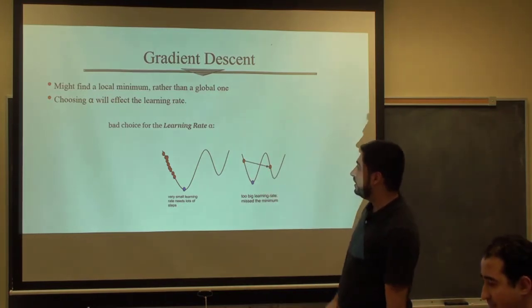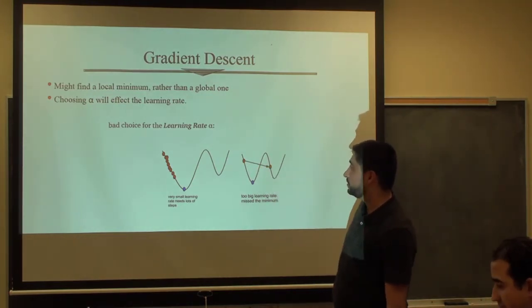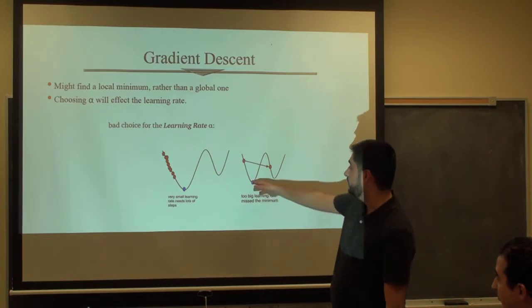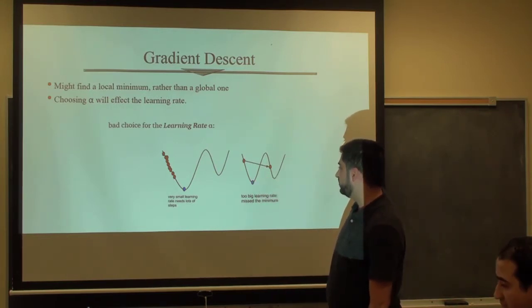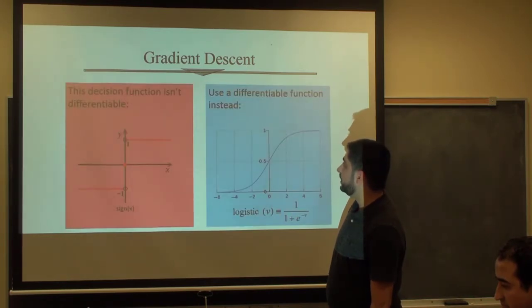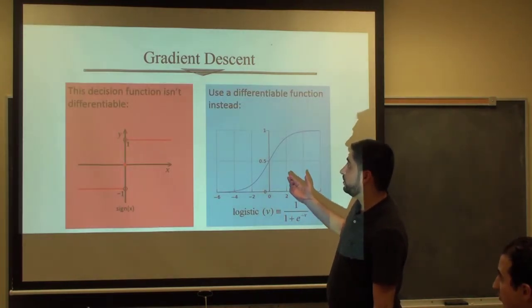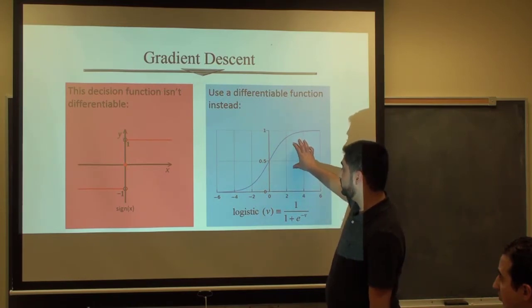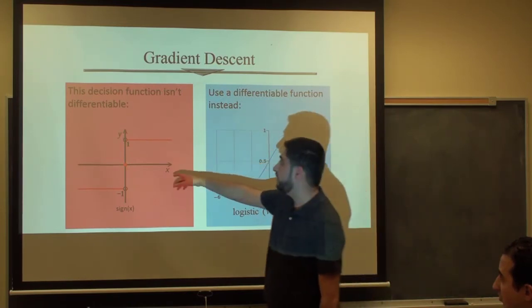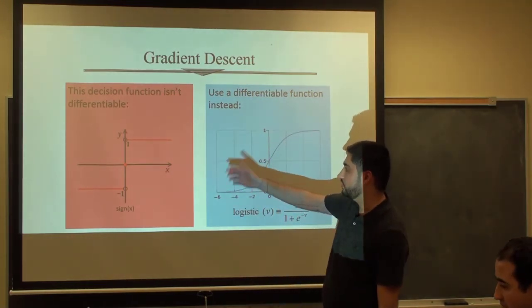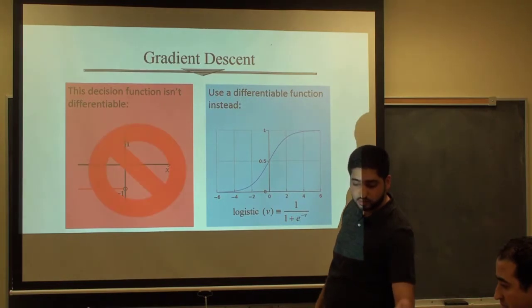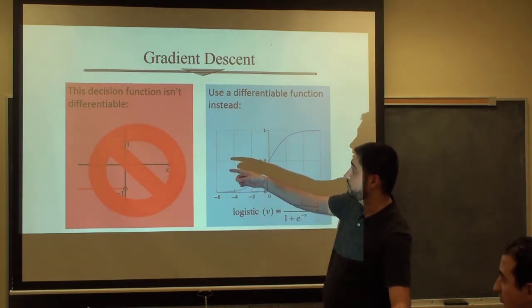So you sometimes need to experiment with the alpha value to reach the minimum you desire. And as we said, gradient descent only works on differentiable functions, like sigmoid. But if I use the perceptron, like this sign function, which is a logistic yes or no function, it's not going to work because it's not differentiable.